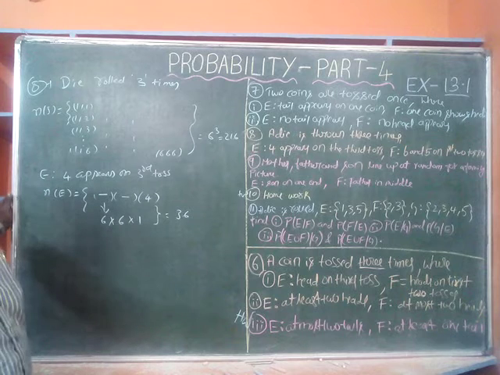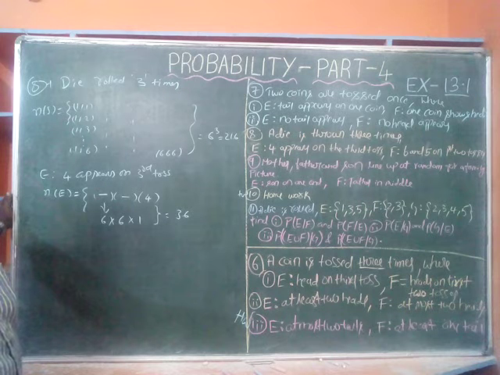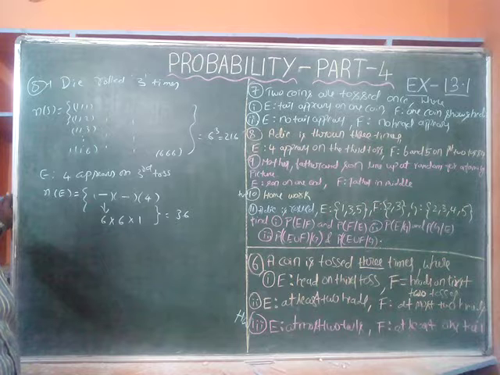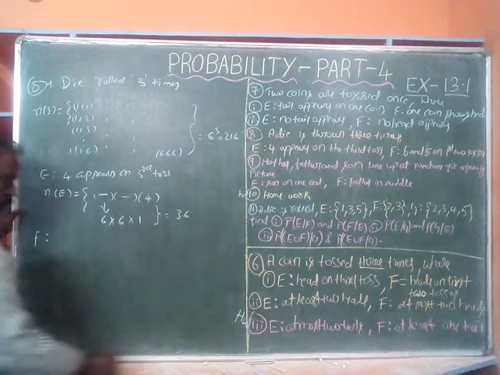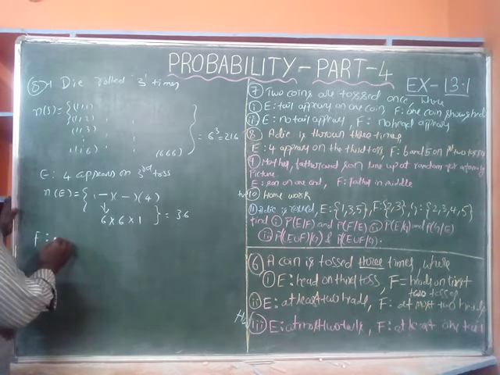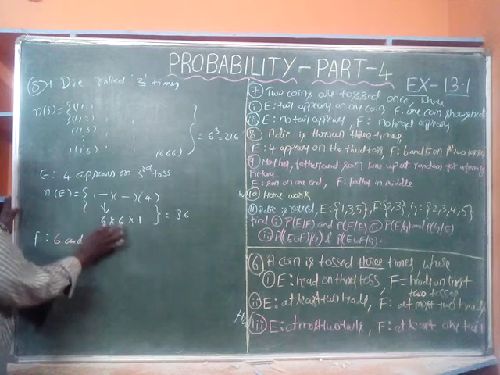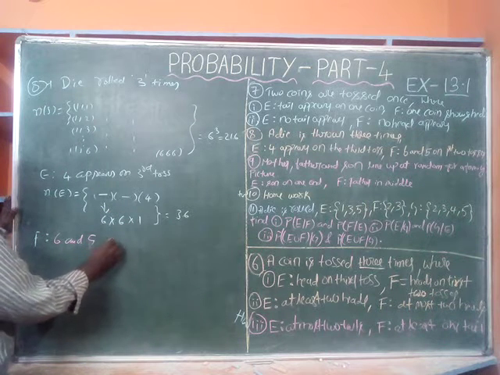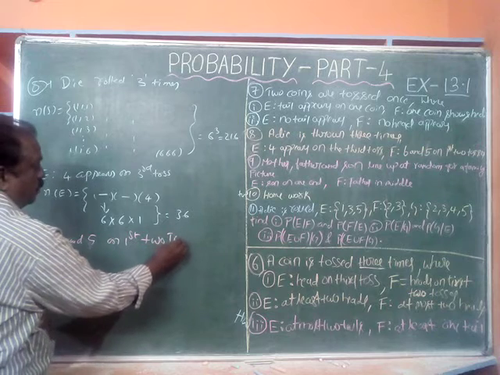F, you see, F is an event containing 6 and 5. The face numbers 6 and 5 are on the first 2 tosses. F is 6 and 5 on the first 2 tosses.